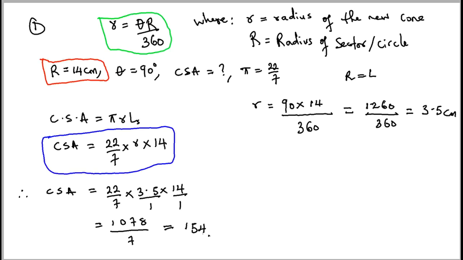So our answer becomes 154. And this happens to be an area problem: curved surface area, we are asked to find it. So it should be in square units. We are using centimeters, so it becomes 154 centimeter square units. And that is the answer for this question.